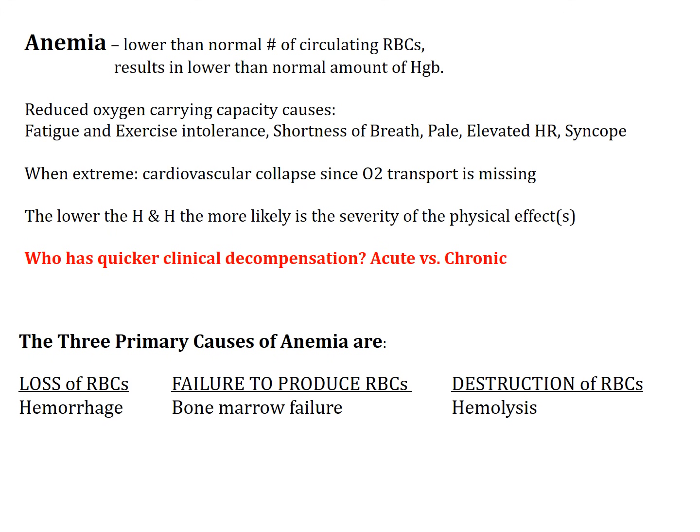And when very extreme, O2 carrying capacity is markedly inhibited, and that can lead to cardiovascular collapse. So the lower the H and H, the more likely the individual is going to have more profound symptoms of anemia. Now think of this question for a second. Who has a quicker clinical decompensation?